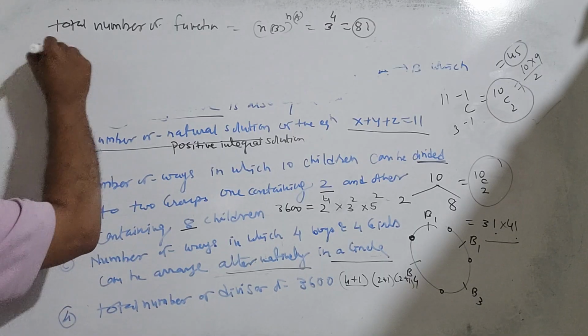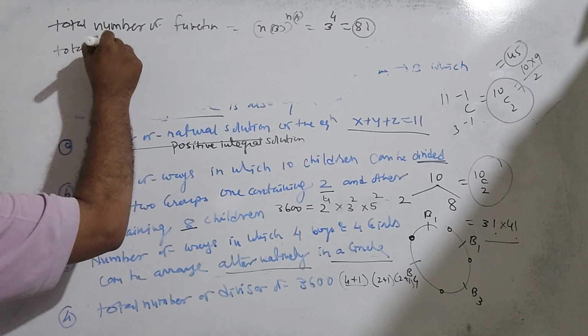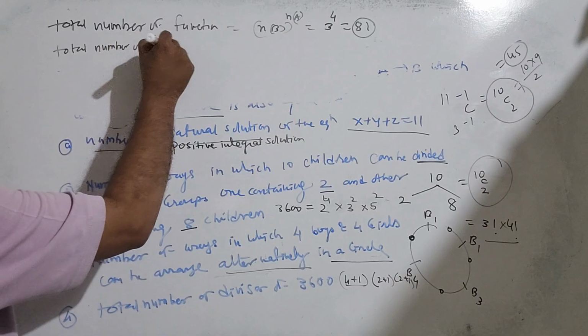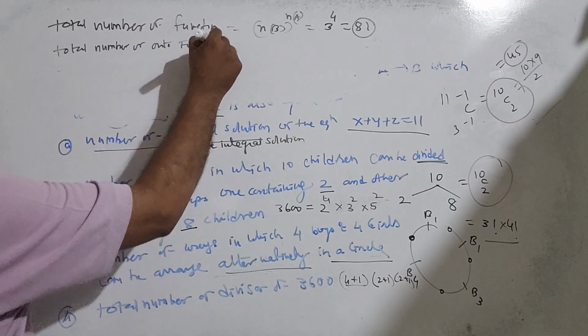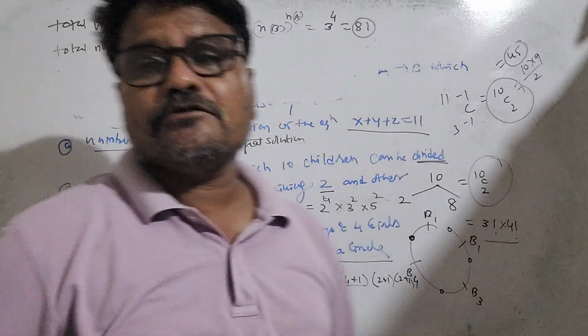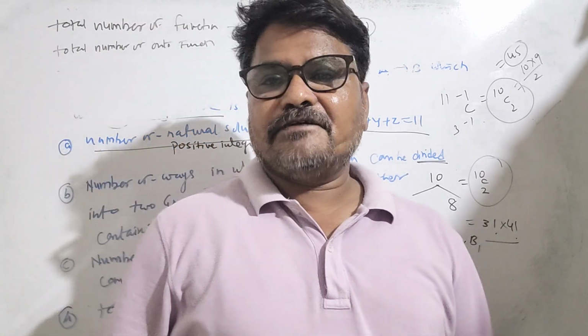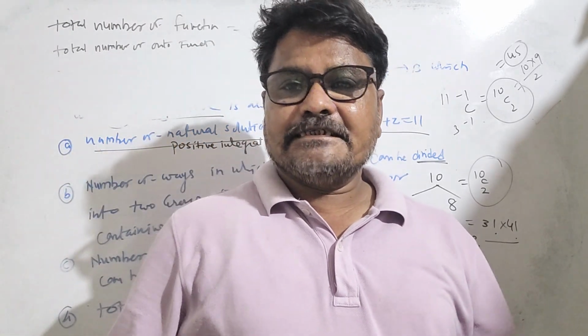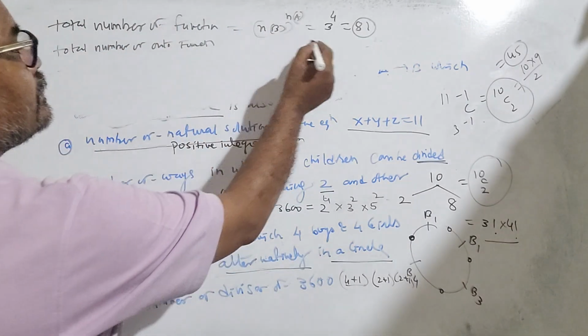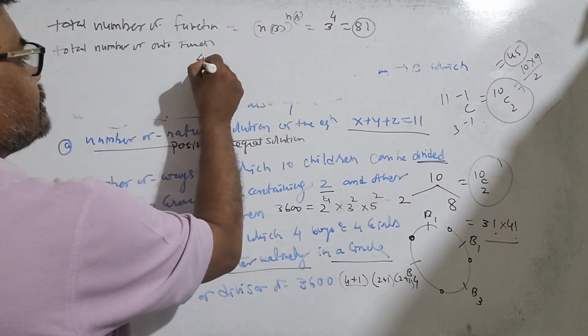Now we will find out the total number of onto functions. Onto function is equivalent to finding the division of four objects.